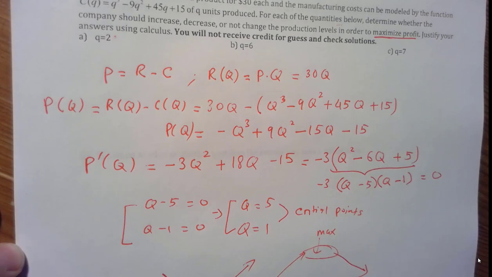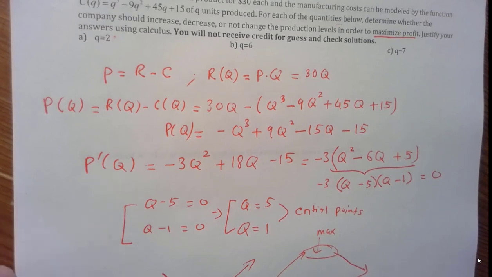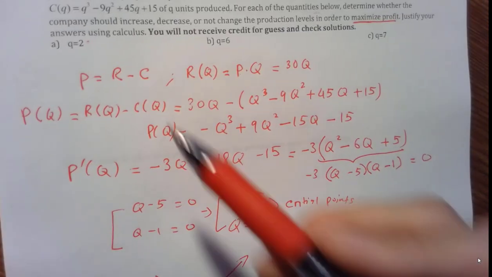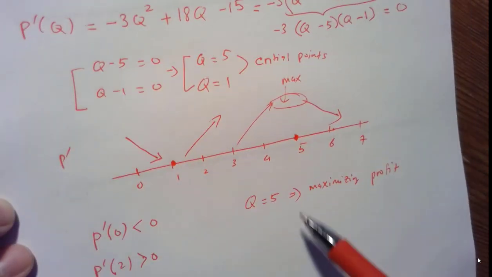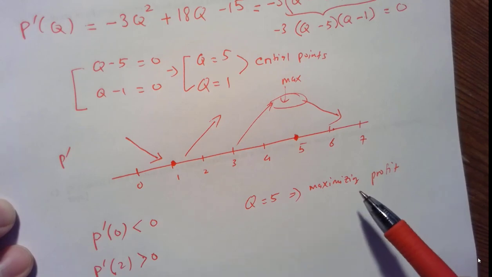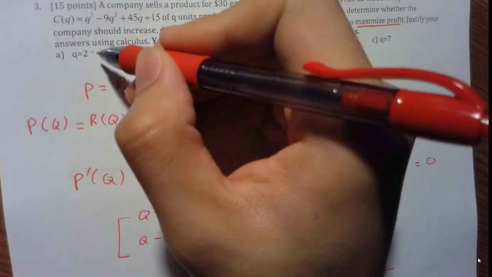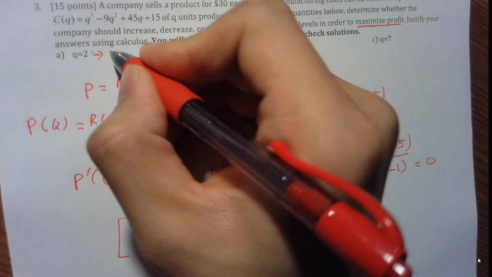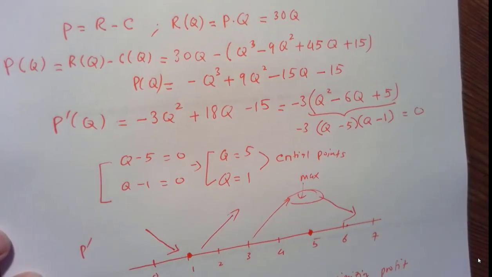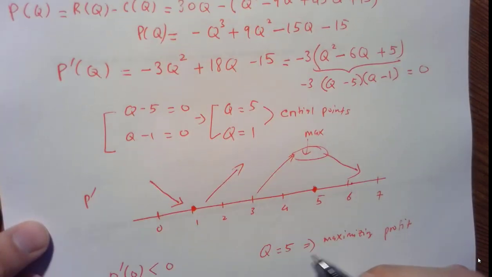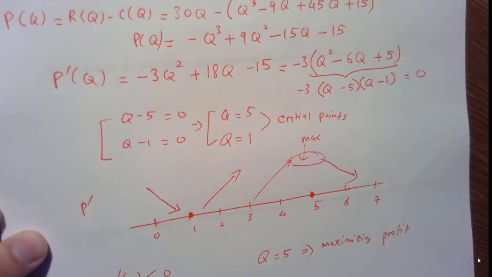So at Q equals 2, in order to maximize the profits, we have to get from 2 up to 5. That means we have to increase the value at this point, because we need to get to 5 in order to maximize profits.